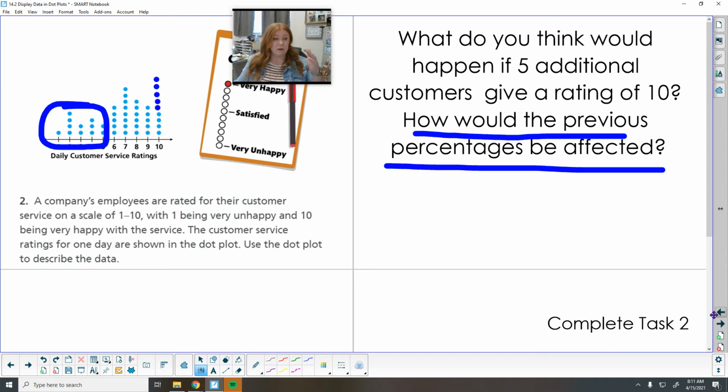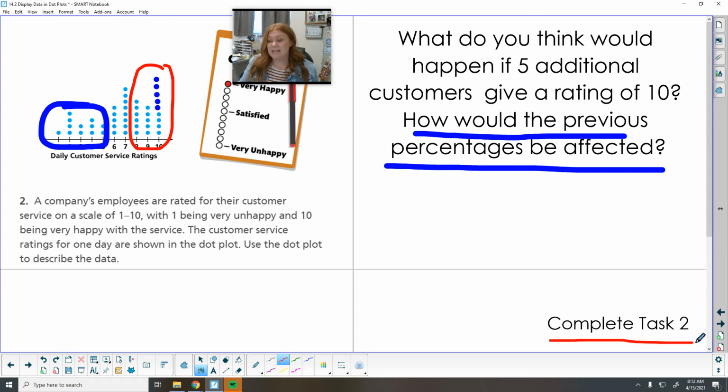Unacceptable ratings would go down because now there's more of these. And the ones that were excellent are going to go up because now there's more of those. So the unhappy people now became lower and the happy people became higher because we just added a lot of very happy people. So even just adding a few new data points can change your information.